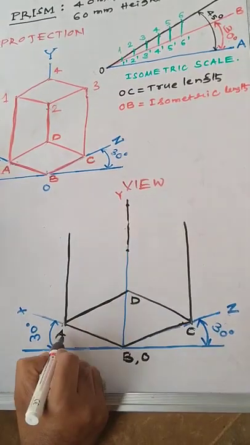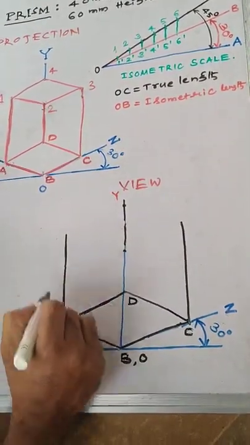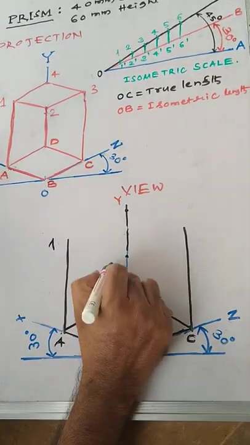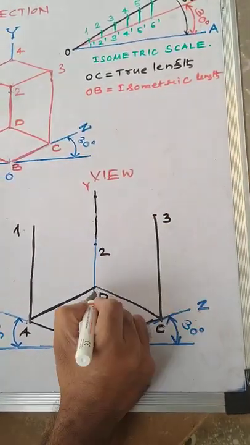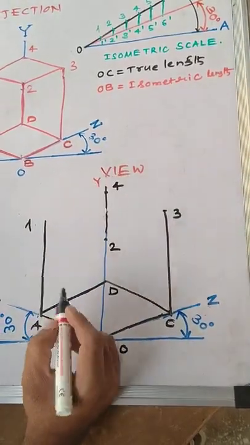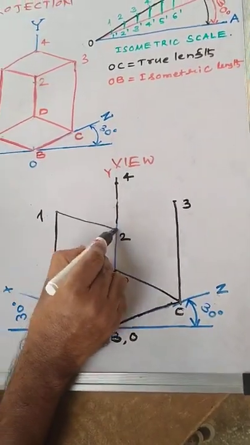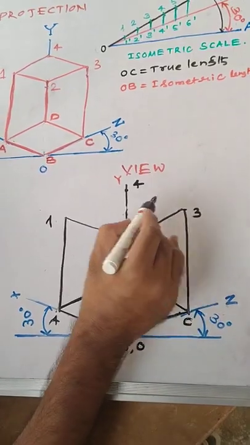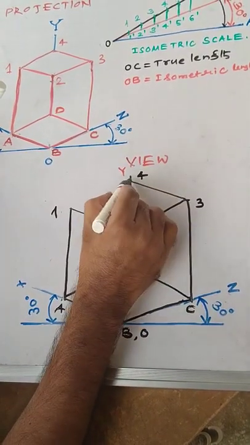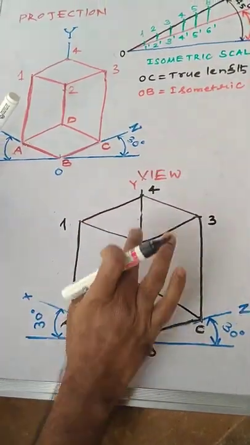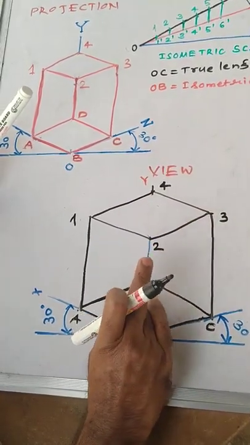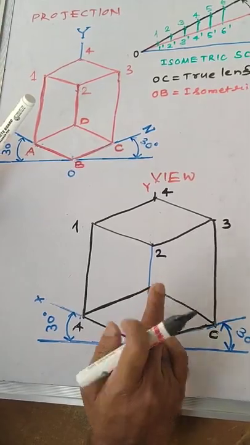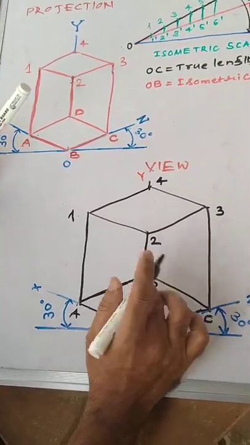Now with respect to A, 1; with respect to B, 2; with respect to C, 3; with respect to D, 4. Join 1 and 2, 2 and 3, 3 and 4, 4 and 1. Now this is going to be the isometric view of the given square prism.